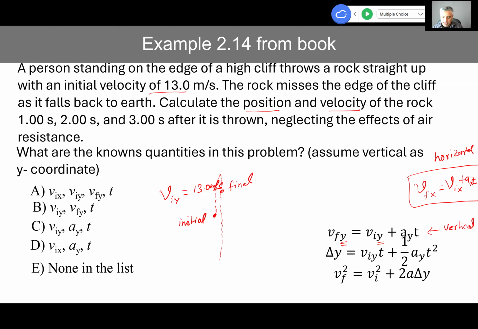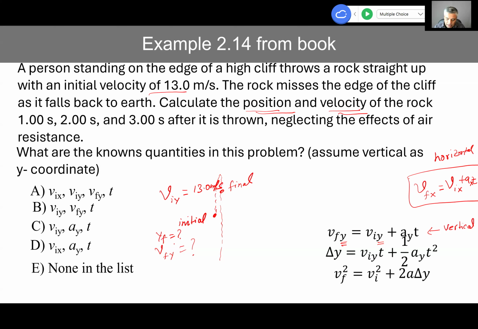The rock misses the edge and then falls back to the earth. Calculate the position and velocity. So that means the final velocity in the y direction is what? And the final position is what?